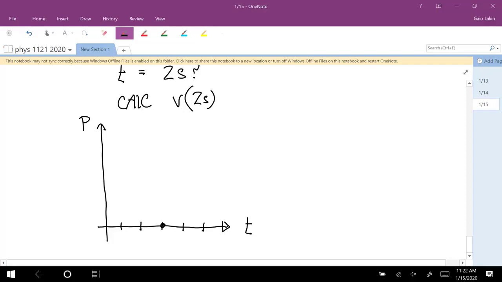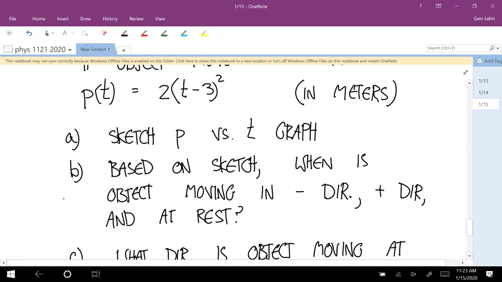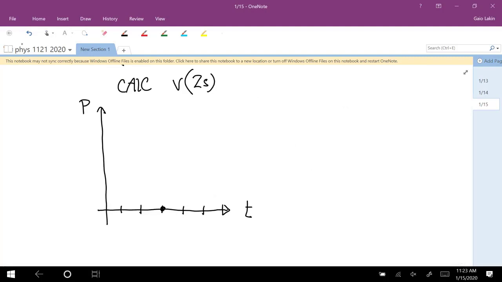That's the position there. At time equals 0, what's the position going to be? 18. So let's say this is 10, this is 20. So it's going to be somewhere here.